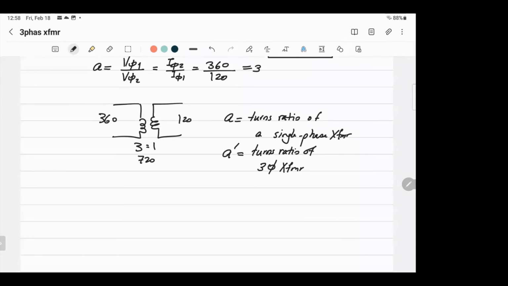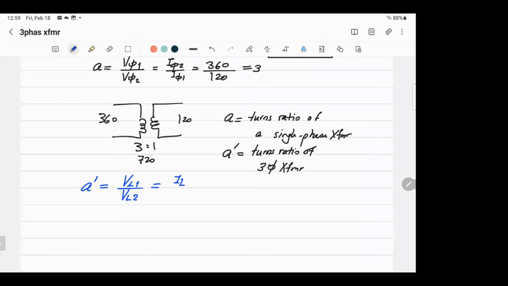How will we do it? The same definition, but instead of using phase, using line. So you say A dash equals the line voltage of the primary over the line voltage of the secondary. That's the definition. It should be equal to also the line.